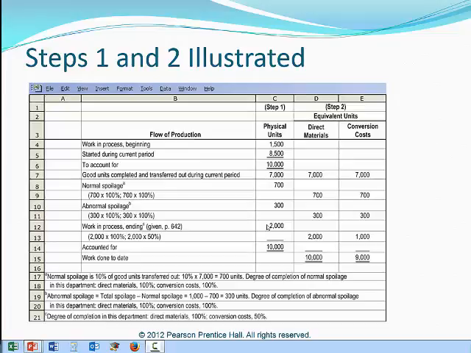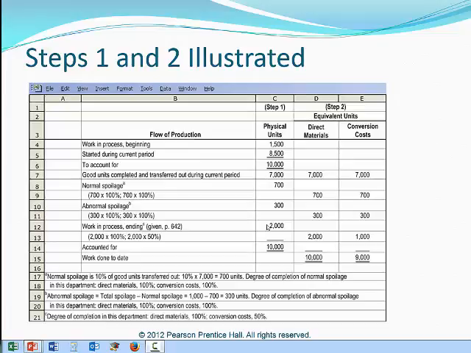We were also told that the direct materials were falling under that same assumption, that they were given 100% of their direct materials, and also that they were looked at as 100% as to conversion costs. So 700 times 100% equals 700 for direct materials and for conversion cost.